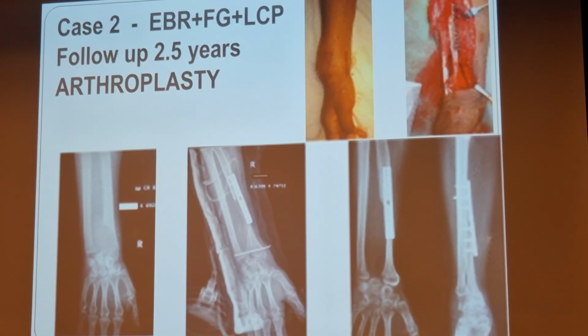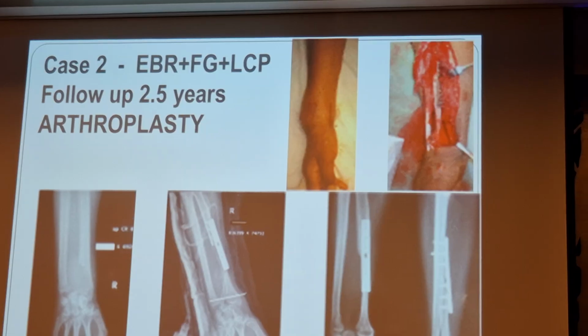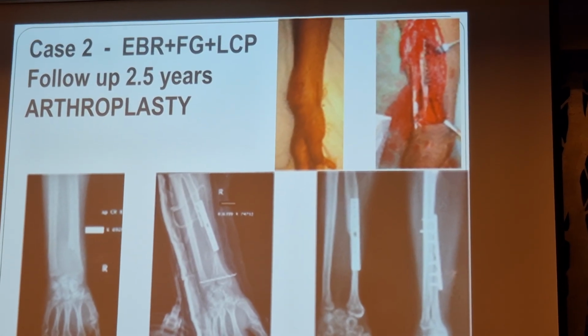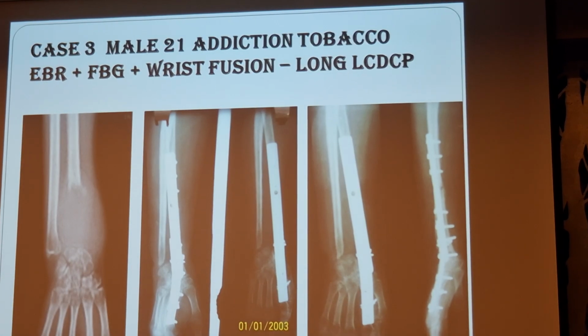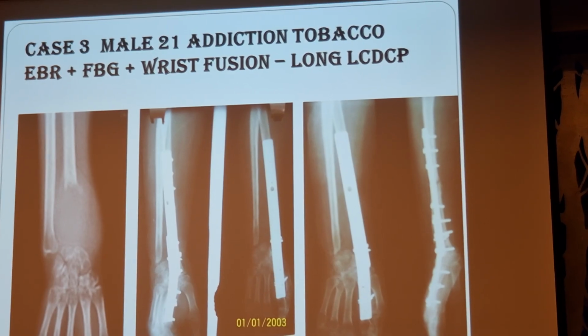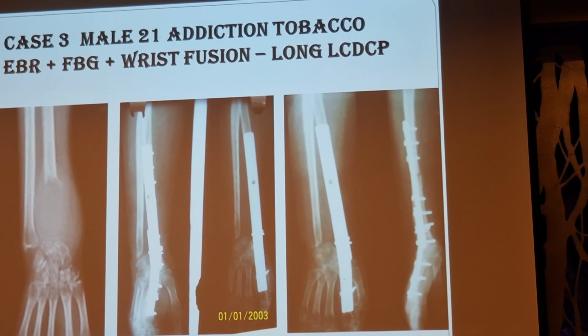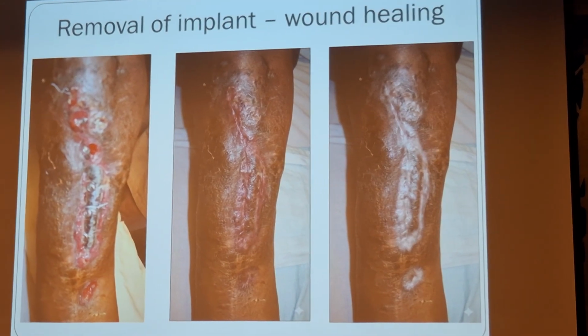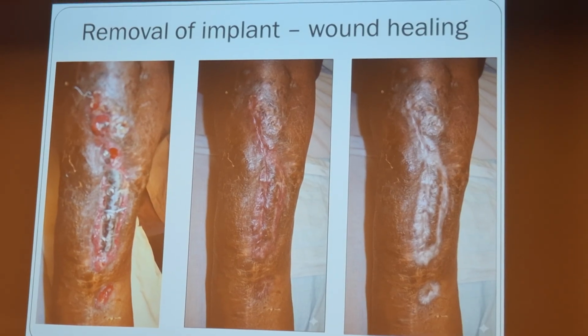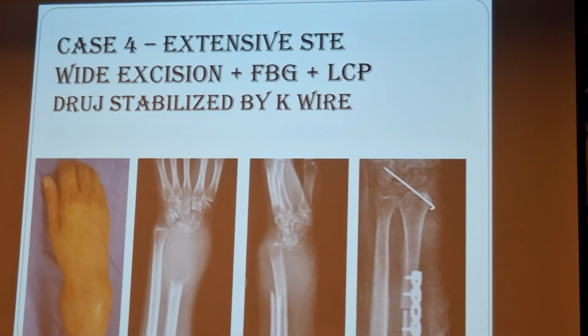Second case, extensive resection, 2.5 years follow-up with arthroplasty. The third case, a chronic addiction to tobacco. The patient had a skin problem, a superficial infection which healed after removal of the implant.